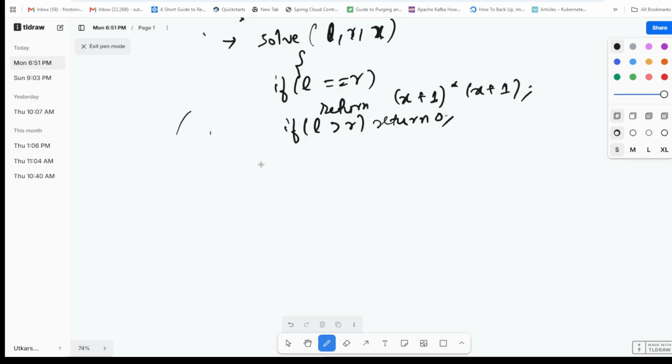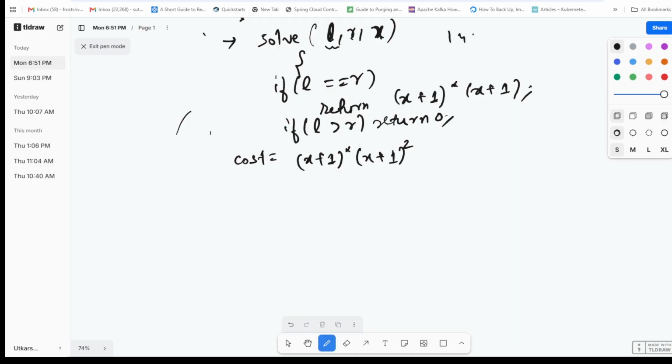Now one approach that we have discussed is we can simply remove boxes one by one. So in that case, what will be our cost? Again x plus 1 into x plus 1. See, 1 is for this cell, right?